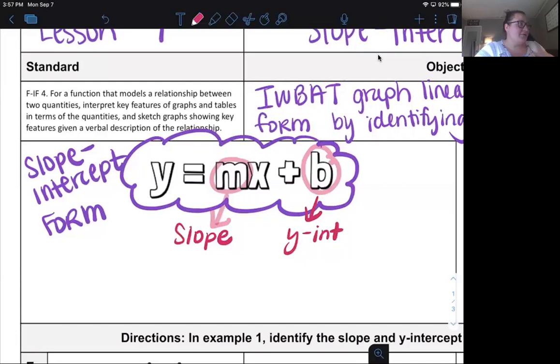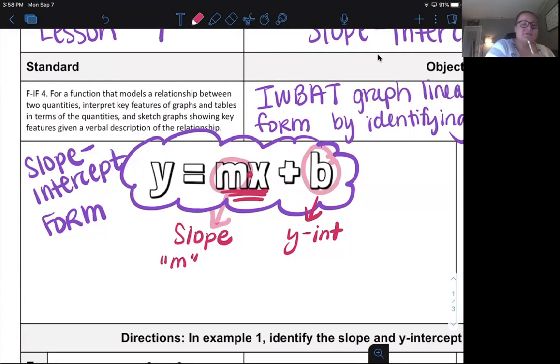Whenever we talk about slope, we want to talk about it as a number that's being multiplied by x. M represents multiplier. That's why your slope is always represented with that m, because mx means multiply m times x, and then you add b, or your y-intercept.